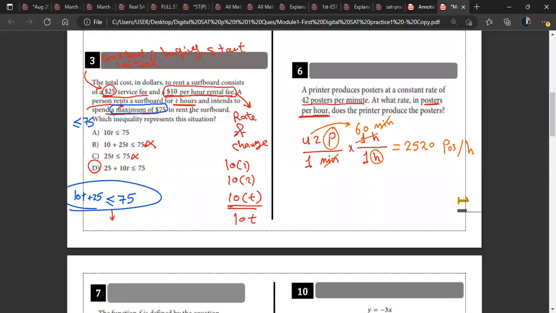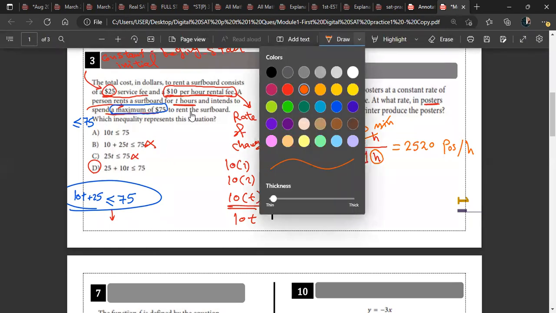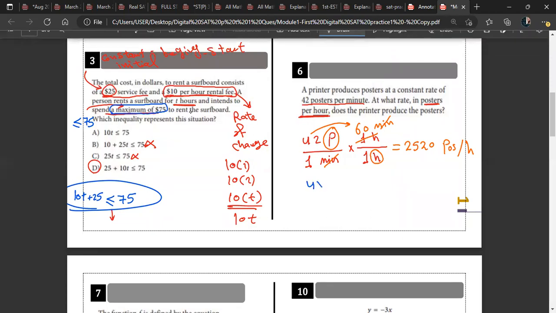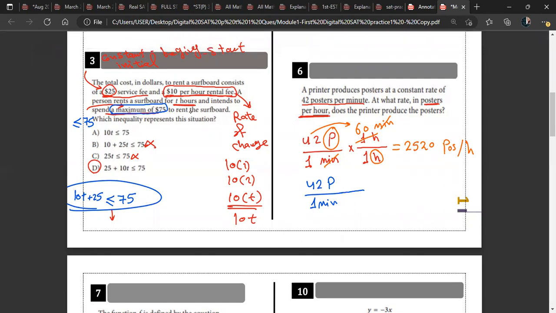You have another way. Here you have 42 posters per minute, okay? And you want to convert it from minute to hour. When you convert from a small unit to a greater unit, do you multiply or divide? Who can answer?